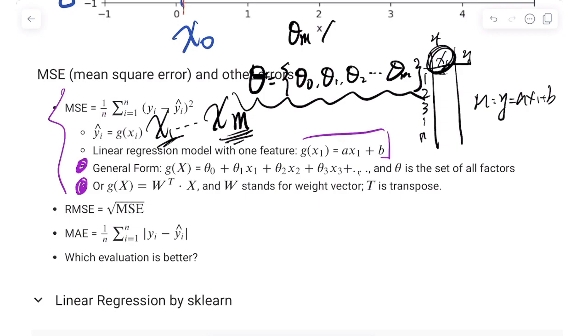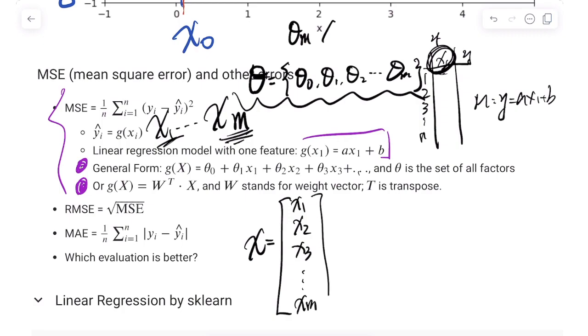There is x: x1, x2, x3, up to xm. That is how we use a vector to represent m features. If we have a weight, the weight is exactly the same as the theta: weight 1, weight 2, up to weight m.